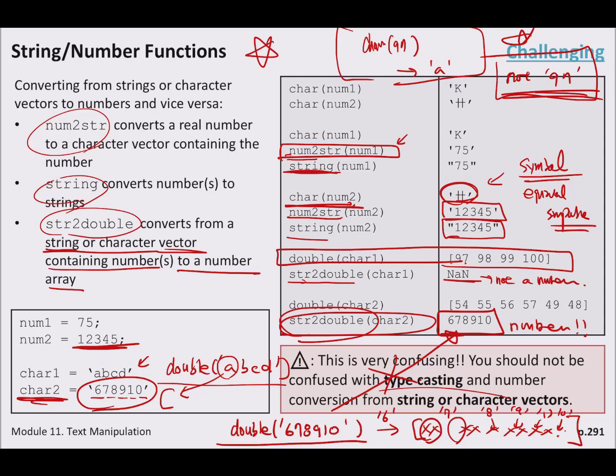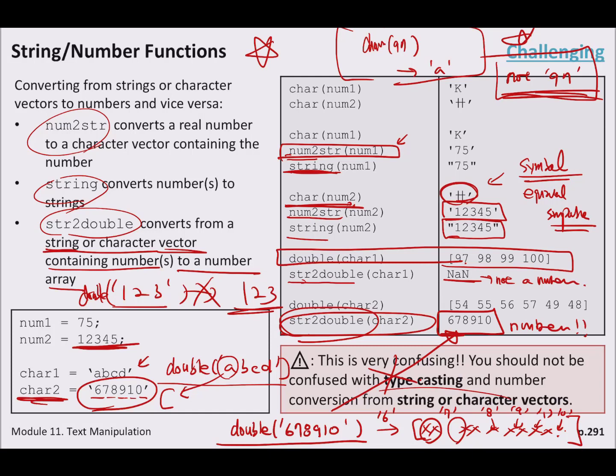I think the reason why this is extremely confusing is when you convert the characters to a number, let's say for instance here, if you convert this one, double of '123', this does not become 1, 2, 3. That's why we are confused, right? Because these are a character vector.